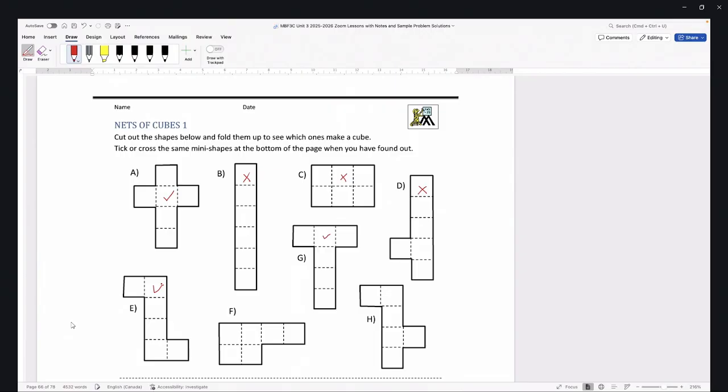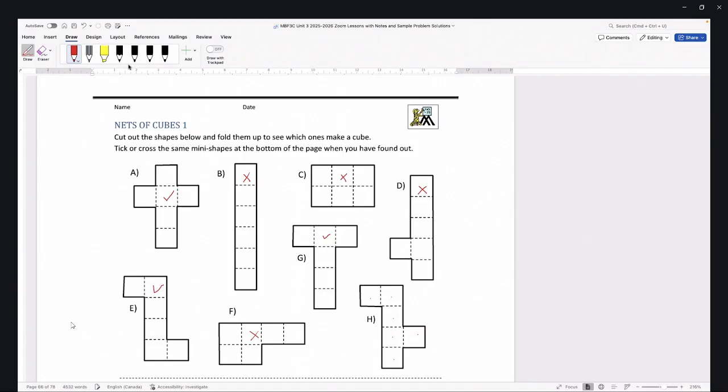That one works. This one, again, because the two of these are on the same side, there's no way of getting to the other side. So this one cannot be. And again, right here we have 1, 2. They're on different sides. So as long as we have 2 on different sides, side, side, top, back, front, bottom.